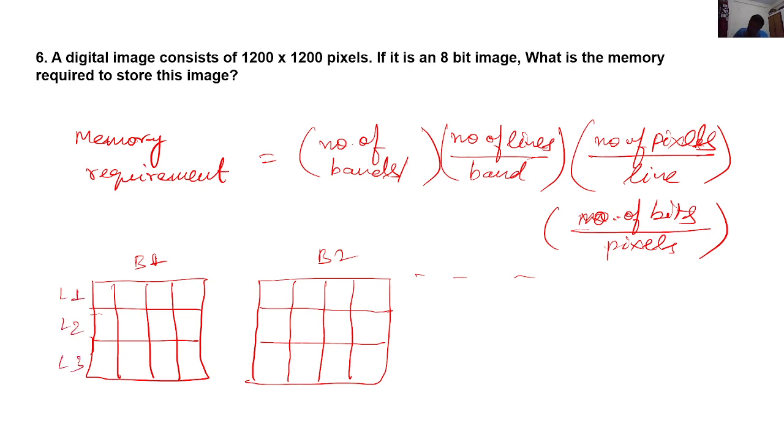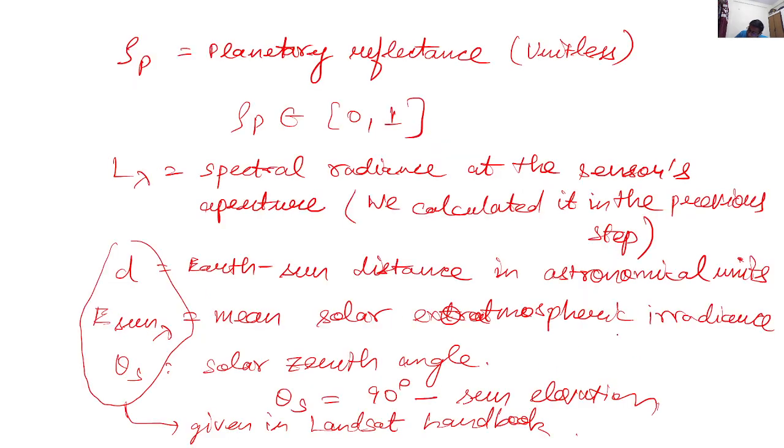Per line there are 4 pixels in each of the bands. Let us say this is an 8-bit resolution image. So the number of bits per pixel means the total number of discretizations, which would be 8 bits. You multiply it by the number of pixels per line.